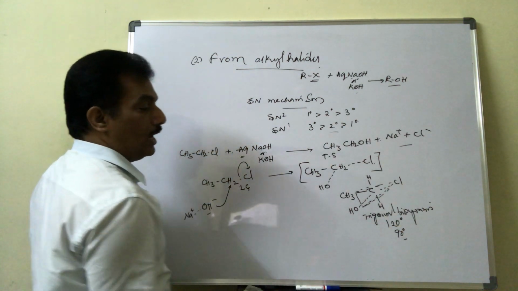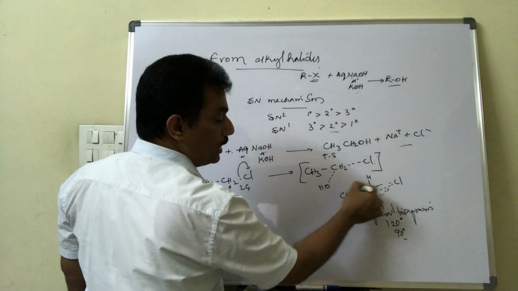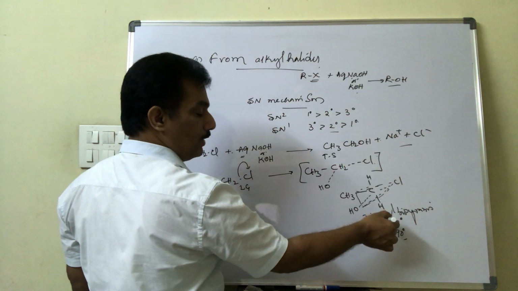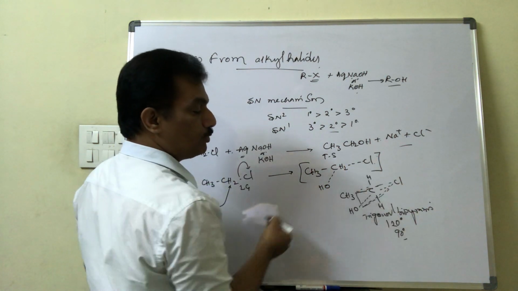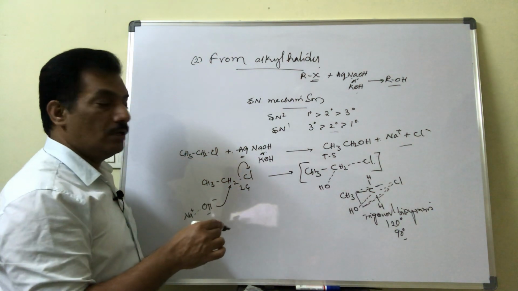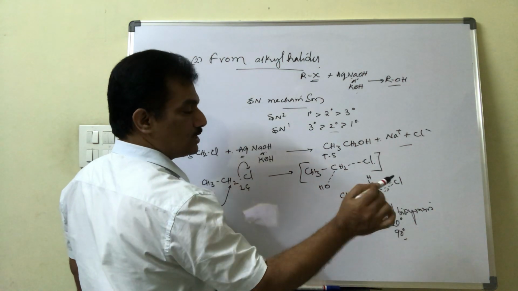That's why it seems to be trigonal bipyramidal. But actually 5 bonds are not possible here. Only this bond is half and this bond is half. Total valency is always 4.